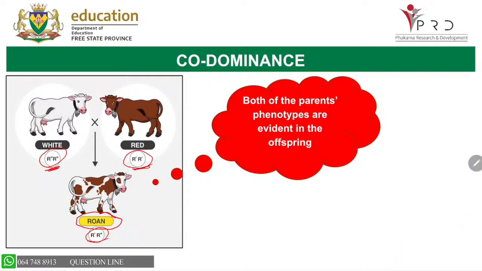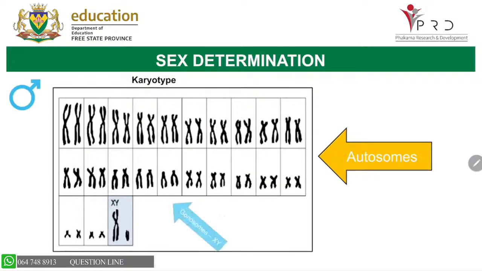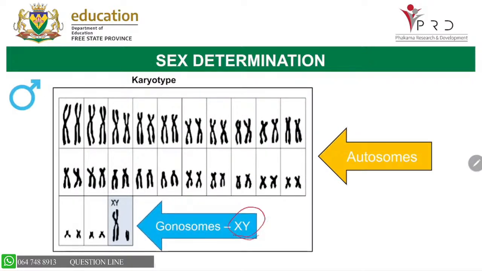Sex determination, you know how to read a karyotype. This is a karyotype of a male. Why is it a male? Because when you look at chromosome number 23, you see there is an X and a Y chromosome. A Y chromosome is small. Y chromosome is smaller than the X chromosome.